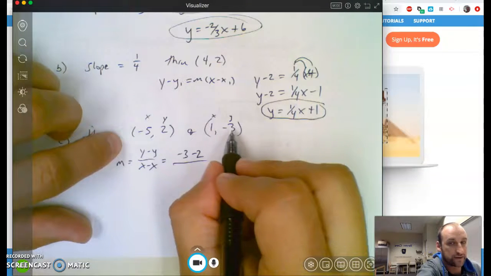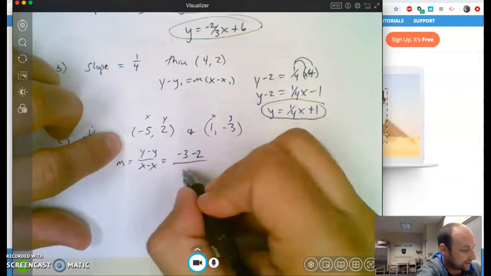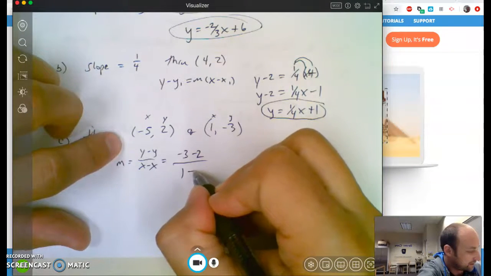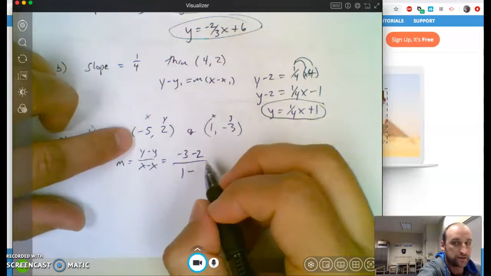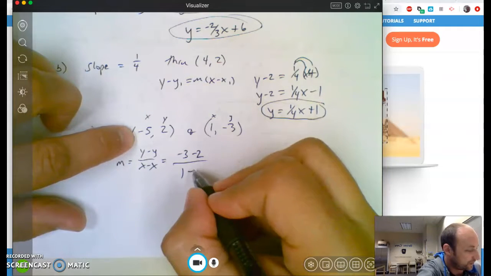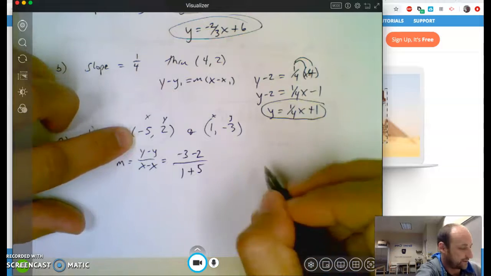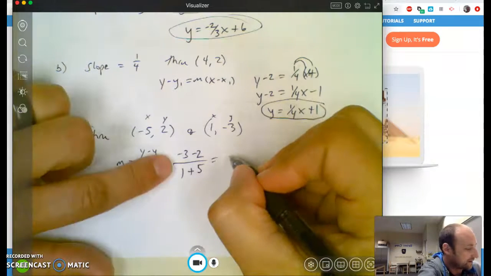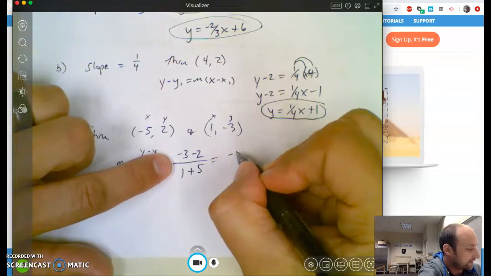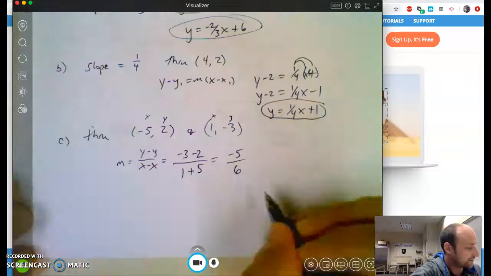And since I started with this y, I got to start with this x. Otherwise, the world explodes. And here's another thing. Be careful when you subtract a negative that you remember it's a plus. So you're going to get -5 over regular 6. There's my slope.